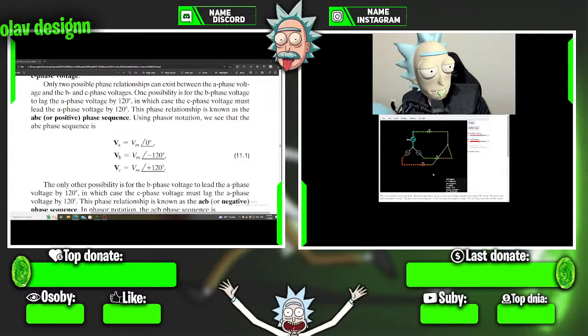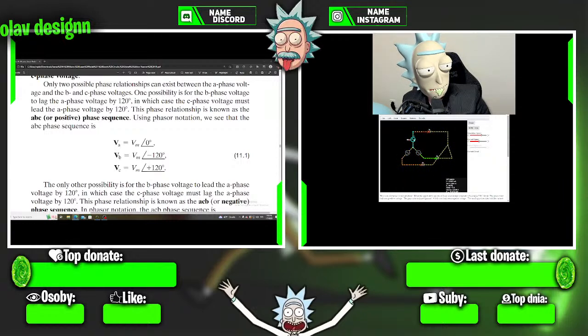All these three sinusoidal voltage sources have the same maximum voltage. Their maximum is 5 volts. If I were to make it a positive phase sequence where this is 0, this is negative 120, then positive 120, hold the red line. It's at the top, then at the right, then at the left; the top, the right, and the left.